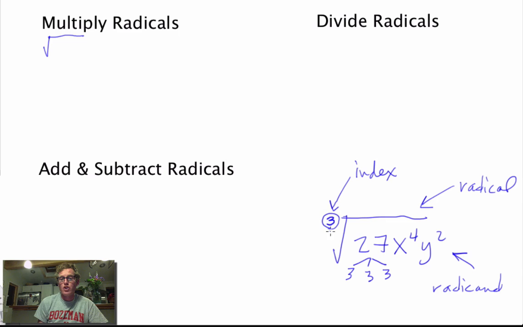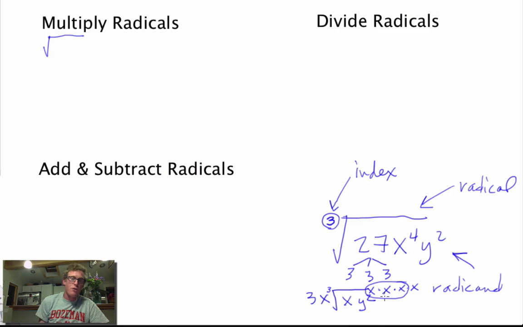And since I'm looking for chunks of 3 right there, I would write that 3 outside the radical, and then I'm looking for chunks of 3 here, which is what that x is, x times x times x times x. So here's my chunk of 3. So there's an x on the outside, and then one x stays in the radicand, and a y squared. This ends up being 3x third root of xy squared.